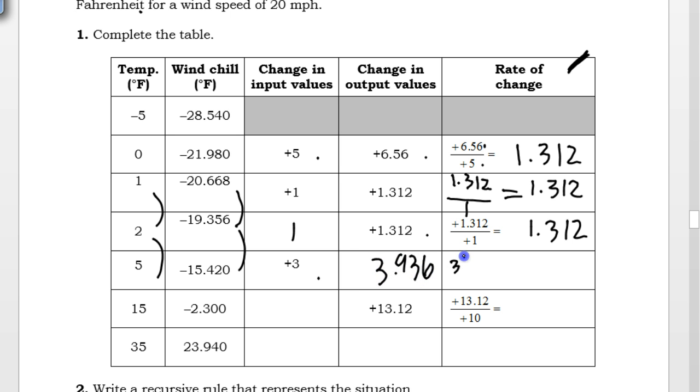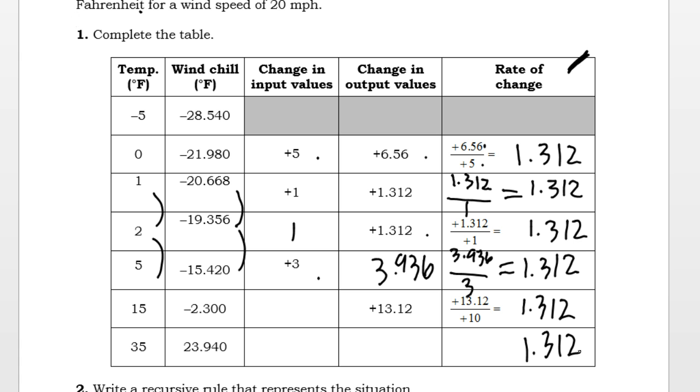And if I do 3.936 divided by 3, same answer. So it doesn't matter if I skipped some, I have the same rate of change. That's the value that goes in for my change in my equation.